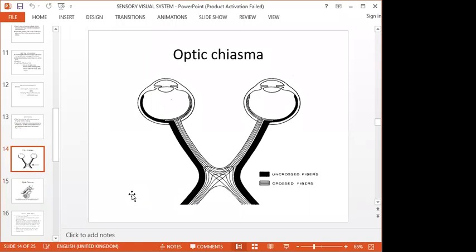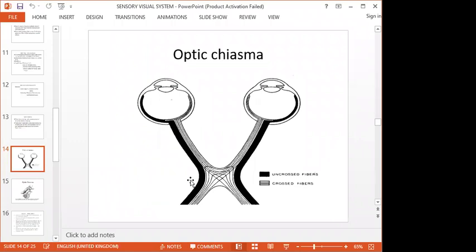I think what is important in the chiasma is to understand how the fibers pass through here. Fibers from the medial retina, medial side of the globe, what do they do? They cross and enter the opposite side, because this is the optic nerve, and after the chiasma is the optic tract.